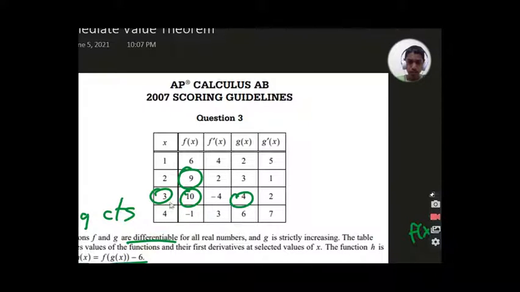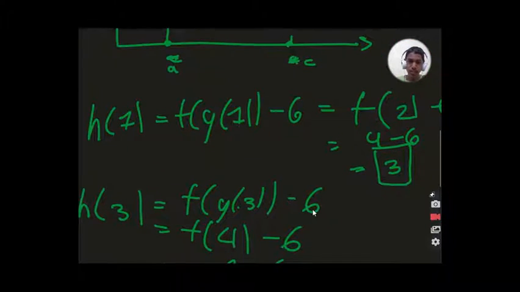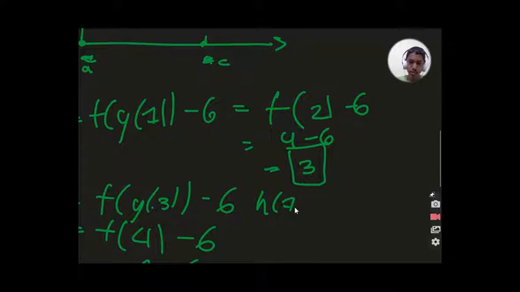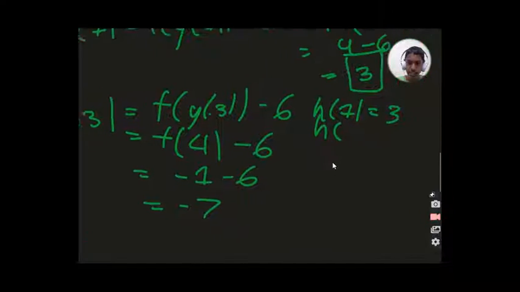Okay, f of 4, sheesh, gotta be careful in these tables. So f of 4 is minus 1. Okay, minus 7, great. So we've got h of 1 is 3, we've got h of 3 is minus 7.